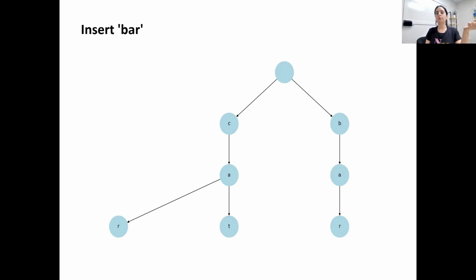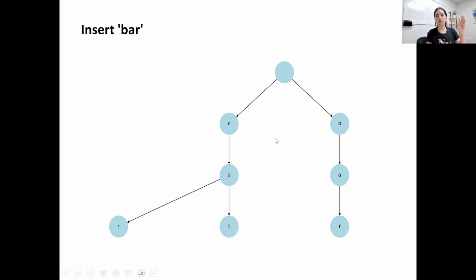Again, the same thing with bar. The first thing that it's going to see is whether it has any child with the letter B. Since the root only had a child with the letter C, we're going to have to insert the letter B. And now the position of traversing has changed from root to B. So we're going to search whether it has a child with the letter A here or not.